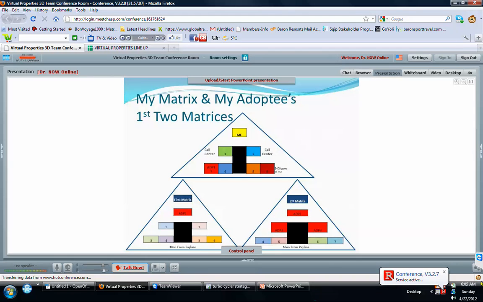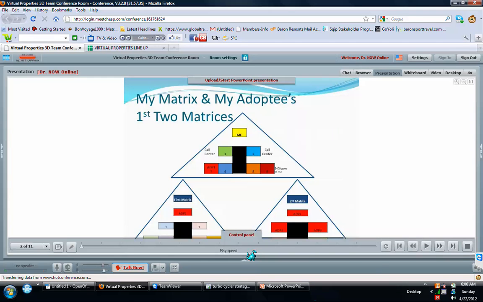On the right-hand side, you see the second matrix of your adoptee, and there are going to be 2 new adoptees underneath this adoptee, put through the adoptee's link. There is always $800 available underneath at positions 3, 4, 5, and 6, which is the adoptee's $800 profit, or money to work with.